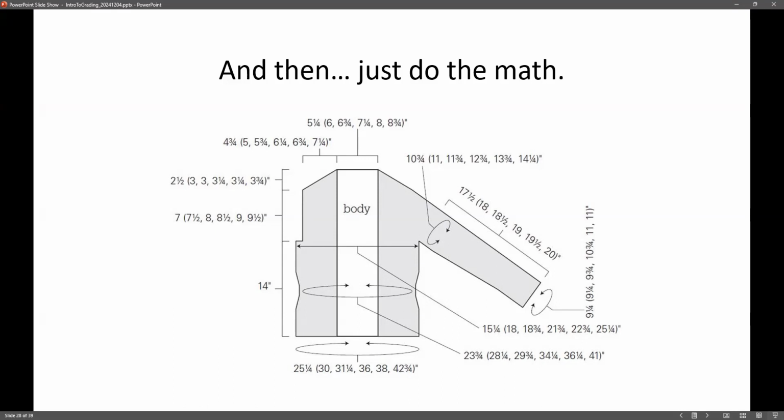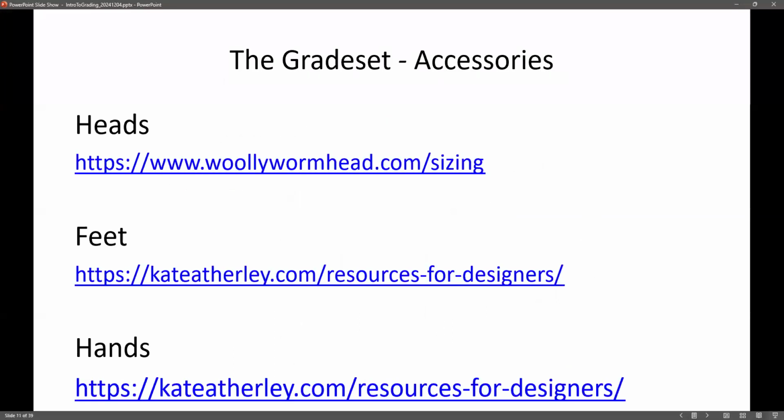There are some resources, and I want to make sure that we've got, oh yeah, here we go. Okay, these are correct. Because I'm jumping between two sets of slides, apologies, I just wanted to confirm. This will be in the handout that I sent to you guys. So if you're looking for sizing, again, these are body measurements. So feet, heads, and hands, these are resources.